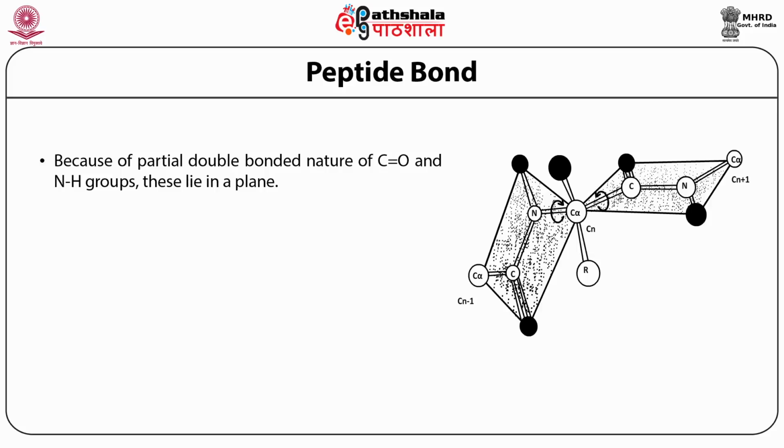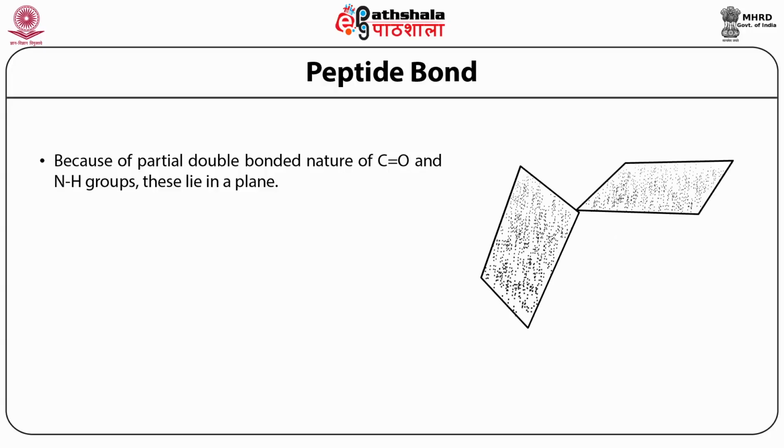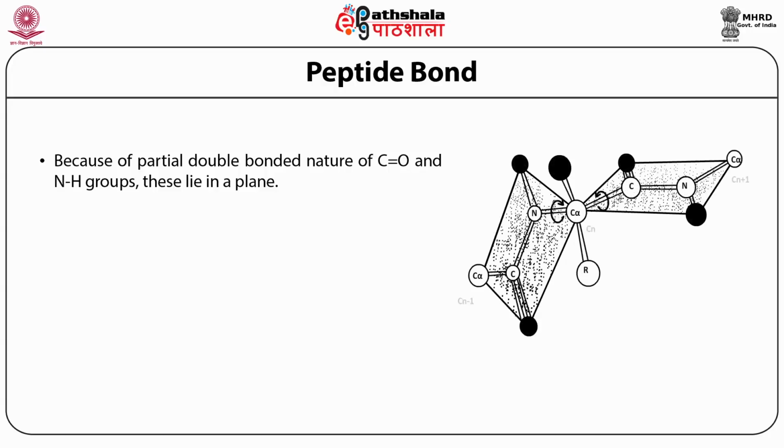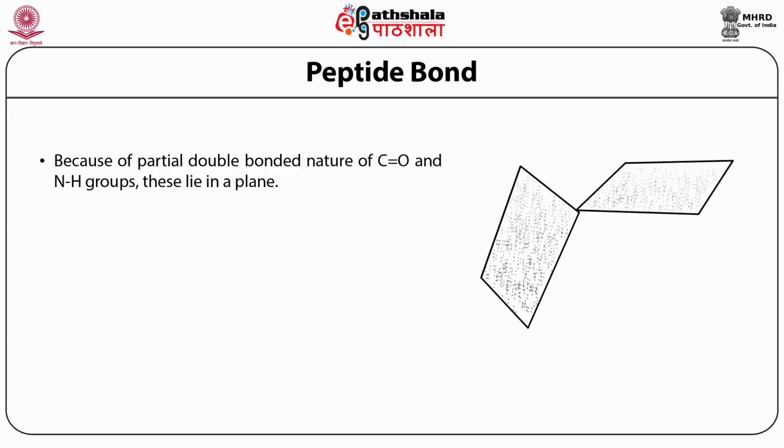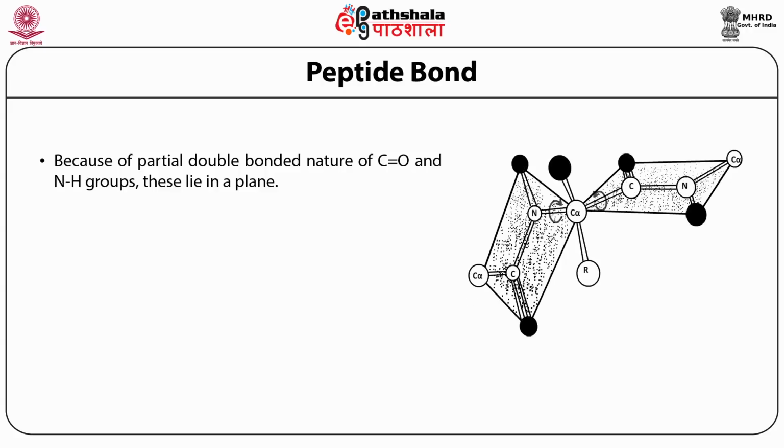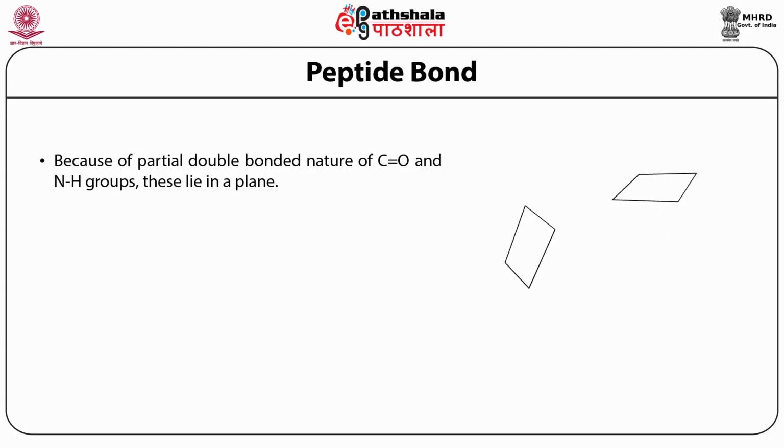Because of the partial double bonded nature, they bond to each other, which is called a peptide bond. The peptide bond we show in this picture. Here we see a CO group and NH group. They form a plane.